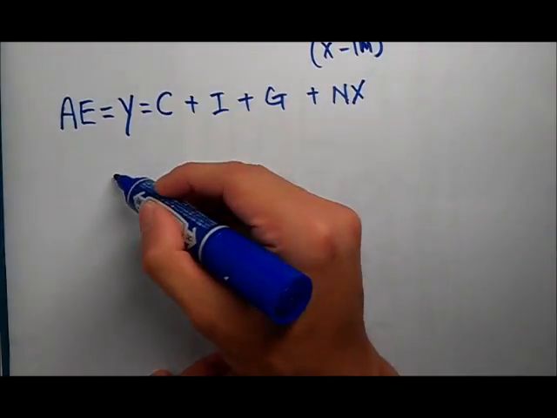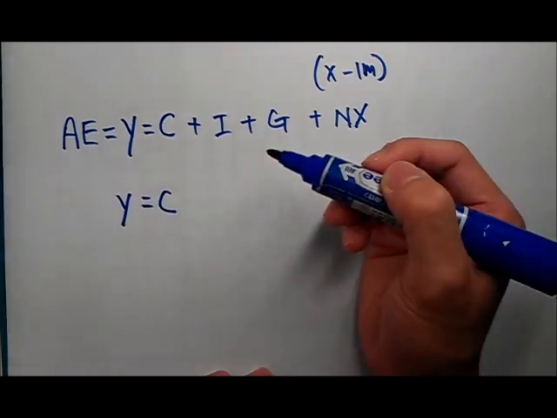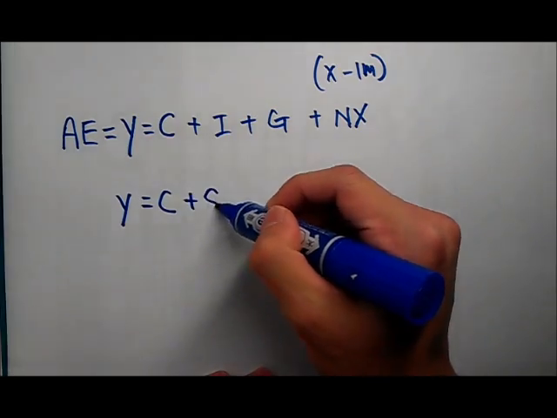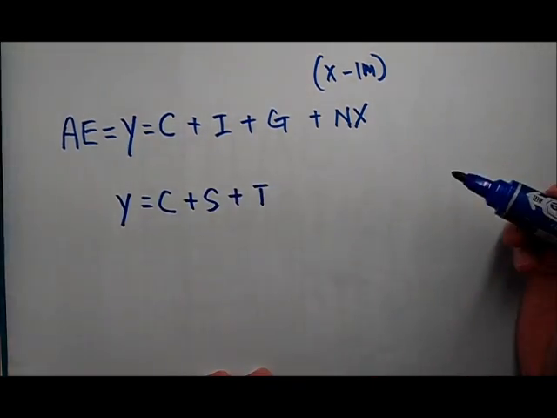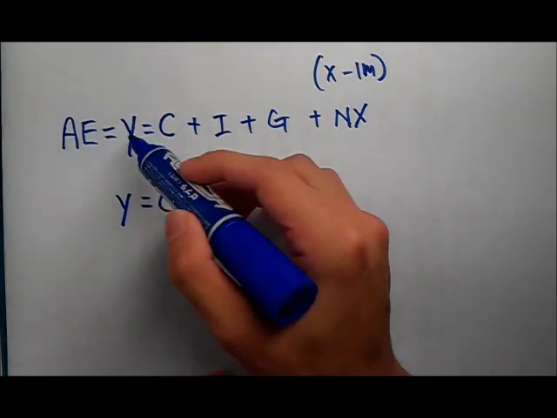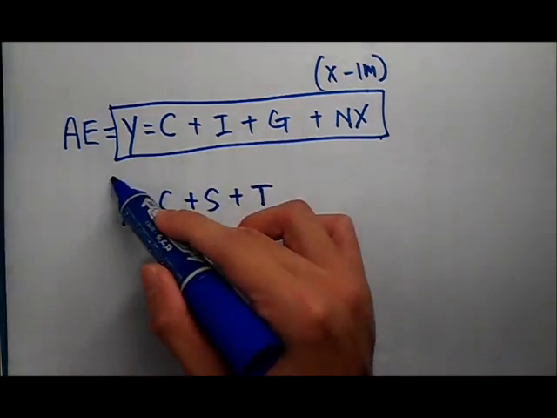And what can income be used for? Income can be used for consumption, it can be used for savings, and you have to use it to pay tax. With these two equations, we will be able to form our capital formation equation.